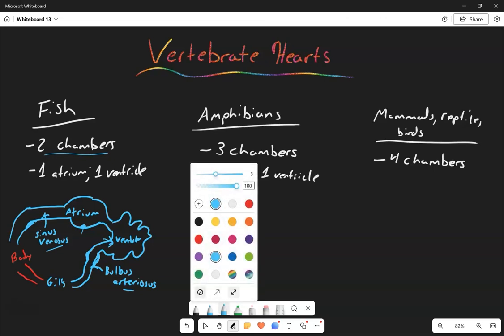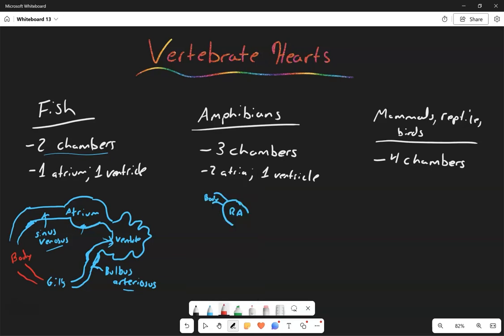Okay, and then you have the left atrium, which is going to receive blood from the lungs, so that's going to get oxygenated blood. Okay, and then you have one chamber here, which is your ventricle.